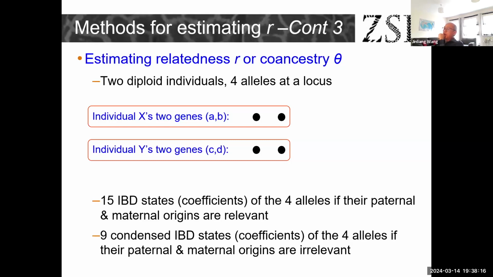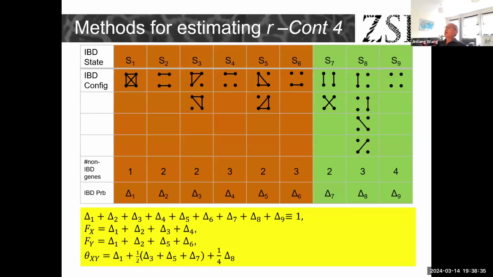When this is not the case, when we do not know the origins of paternal and maternal alleles, or they are irrelevant, these 15 IBD states reduce to 9 condensed IBD states. So here they are, the 9 IBD states from S1 to S9.